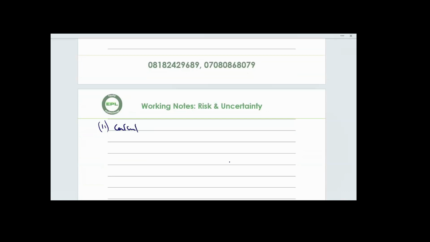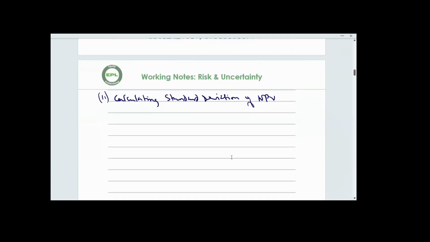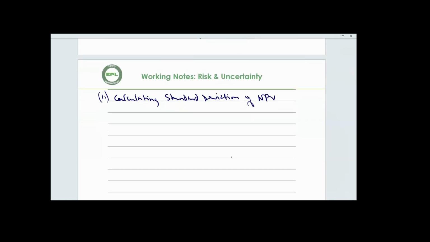But in this particular question, since the cash flows given to us are mutually dependent, the standard deviation of expected NPV will be calculated as follows. Standard deviation of expected NPV equals the standard deviation computed multiplied by annuity factor.